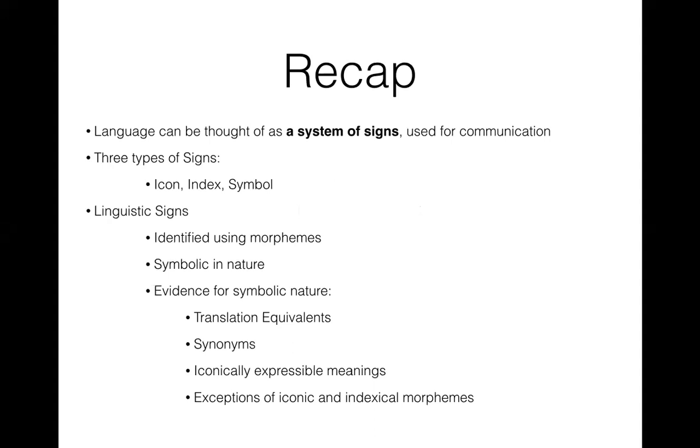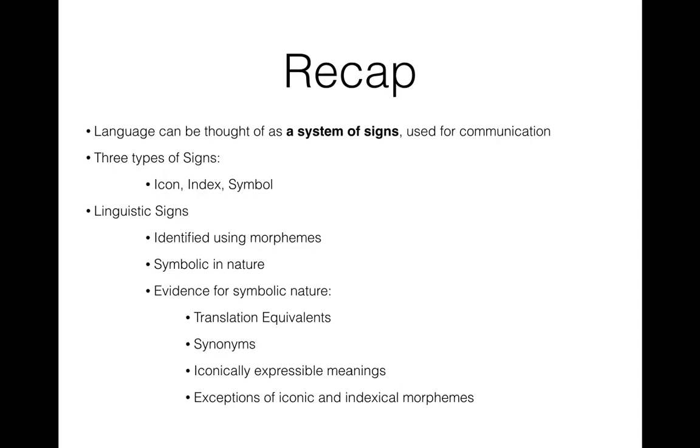A sign can be iconic, indexical, or symbolic. I showed you evidence that language is a symbolic kind of sign. Why? Because we can isolate different morphemes in language, and depending on what morphemes you're using, the meaning associated with that particular word actually changes.